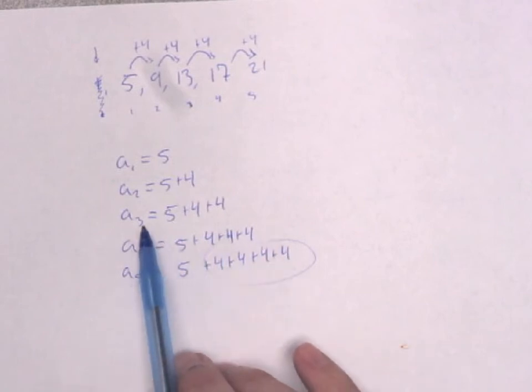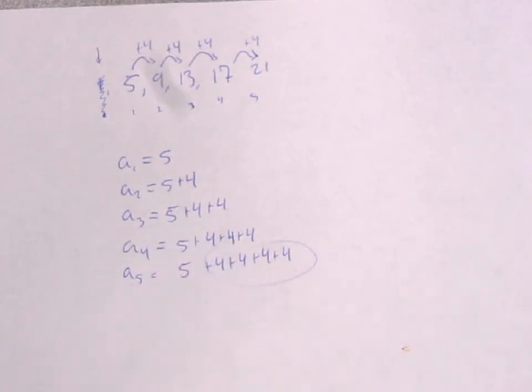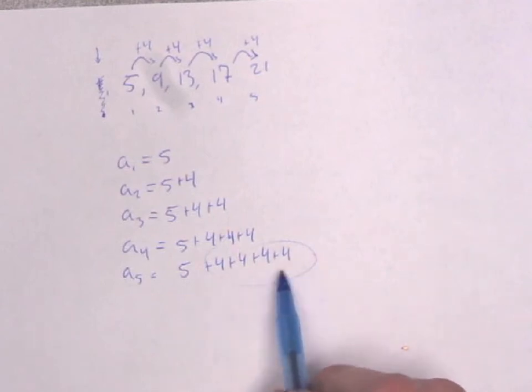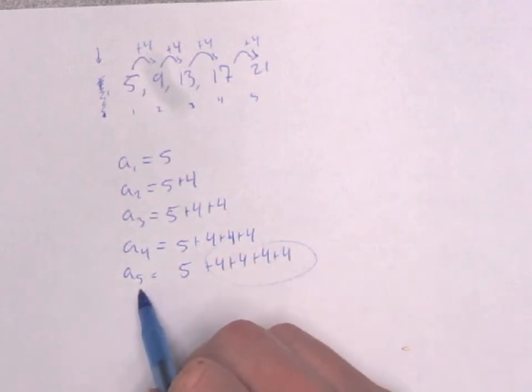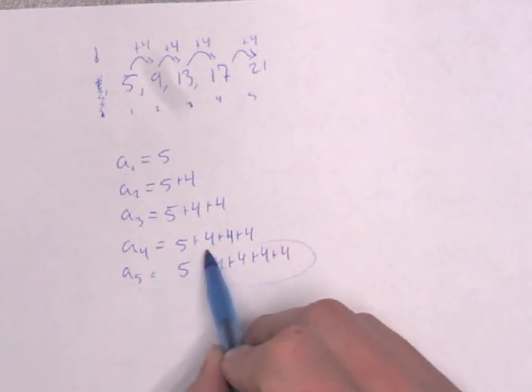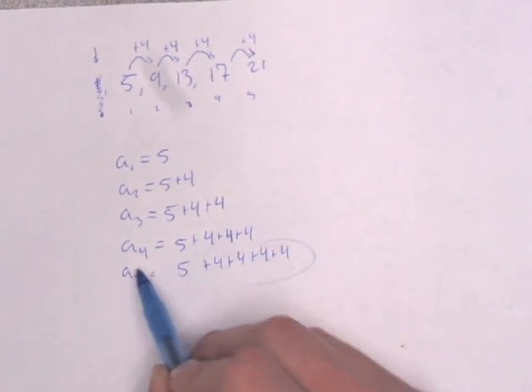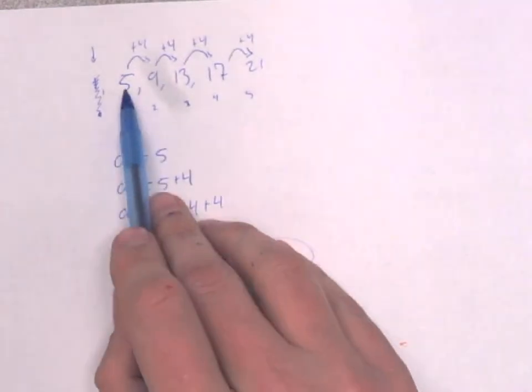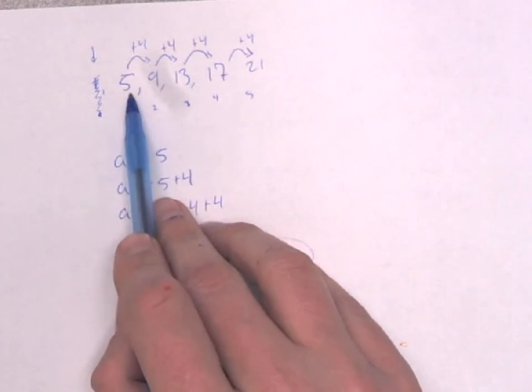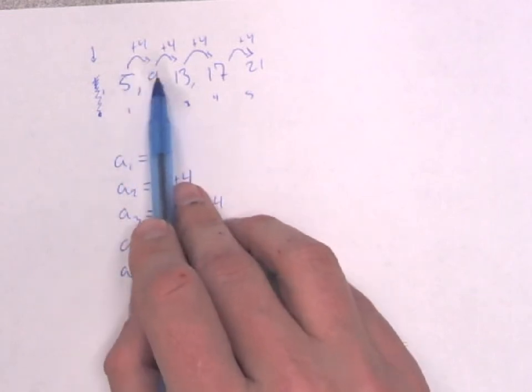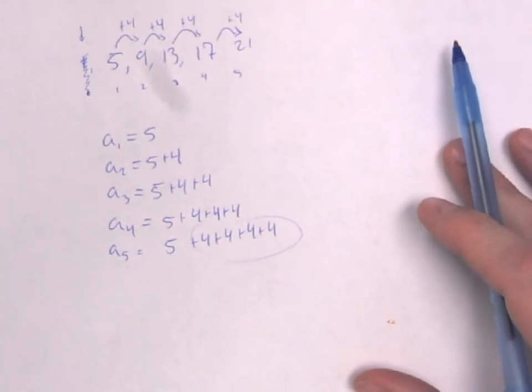At position 3, I've added 4 twice. So notice that the number of 4s is 1 less than the position number, because I don't add 4 on the first one. I haven't added 4 yet. I only add 4 to get to the next one. All right, so that's what's going on here.